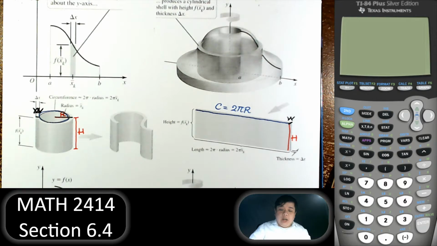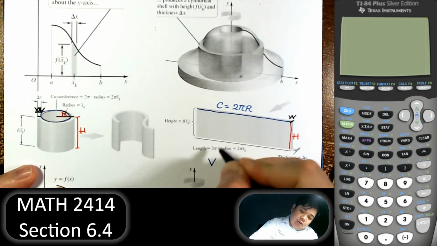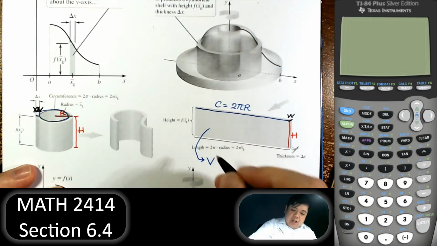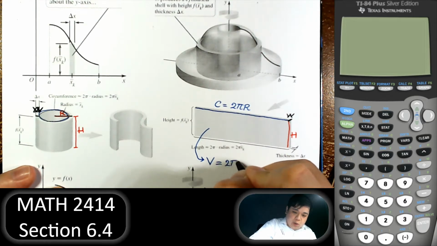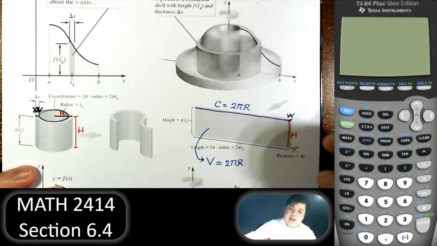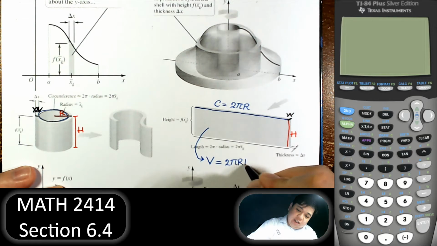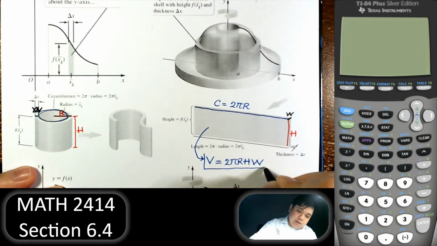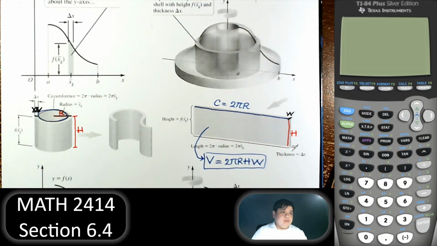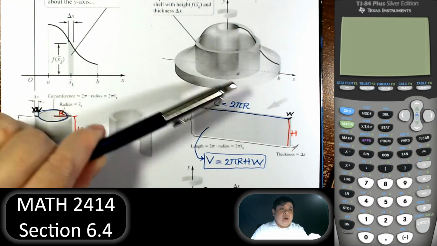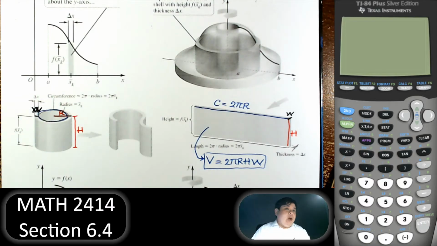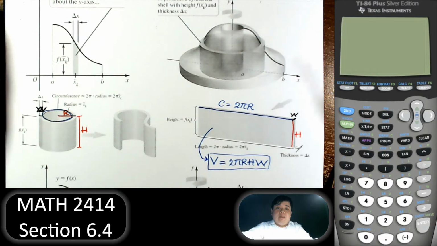So putting all of that together, the volume of that rectangular box is going to be 2 pi r, the length, times the height, and times the width. So that is the volume of that shell. Now, we just need to find the volume of all the shells, and then add them up. We will have the volume of the whole thing. And ultimately, that's what the shell method is about.